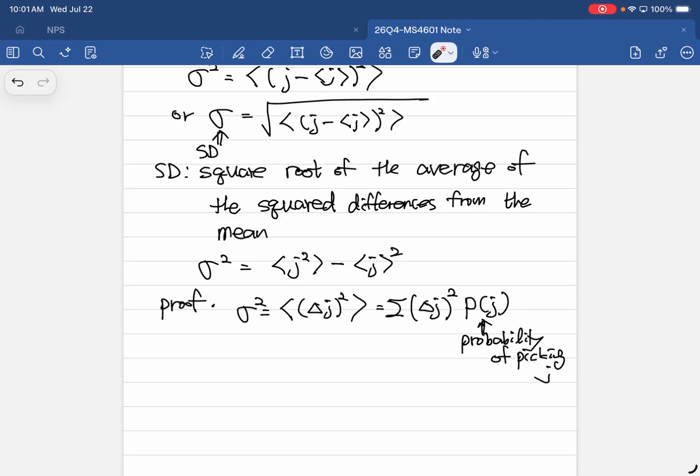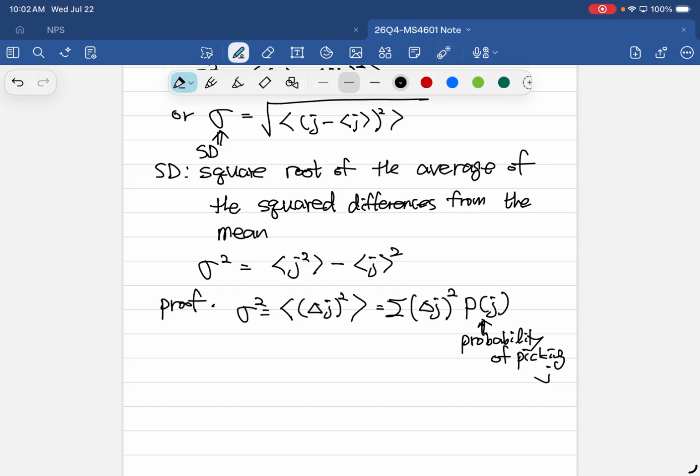As we talked yesterday a little bit, this sigma square, standard deviation square, is simply the difference from the mean squared, and then you take the average. In order to take the average, you take the difference squared times the probability of picking the j element, and if you sum over all those elements, you can get the average.